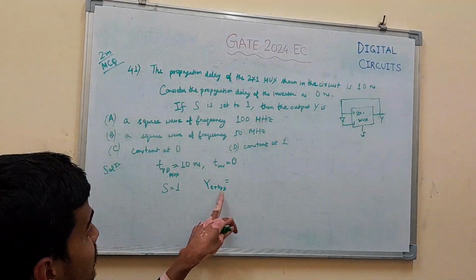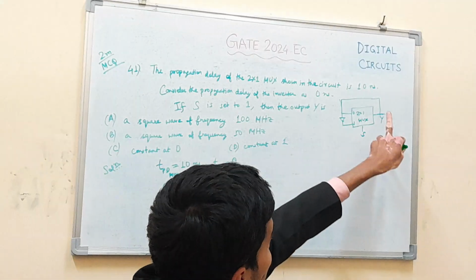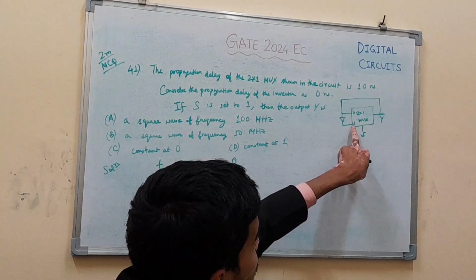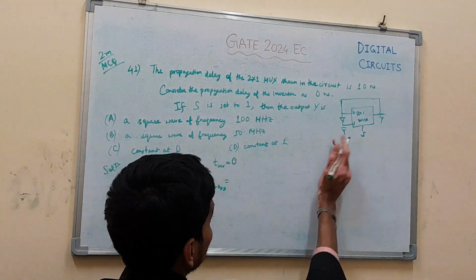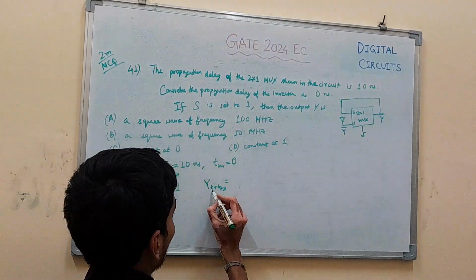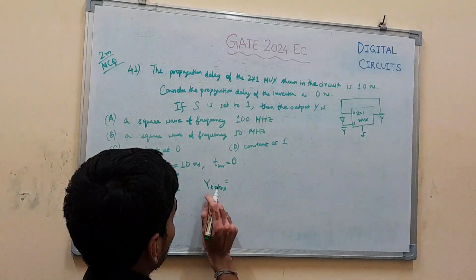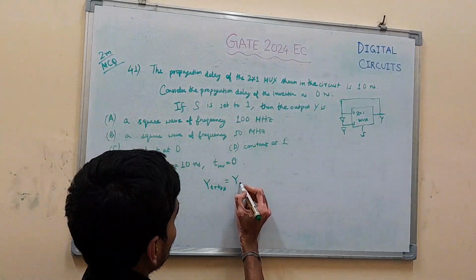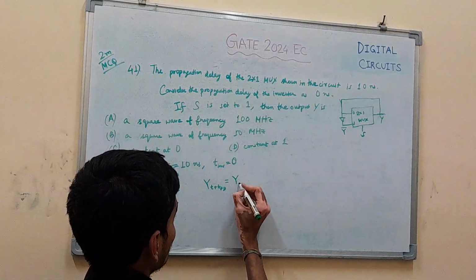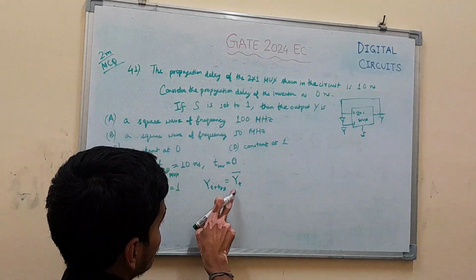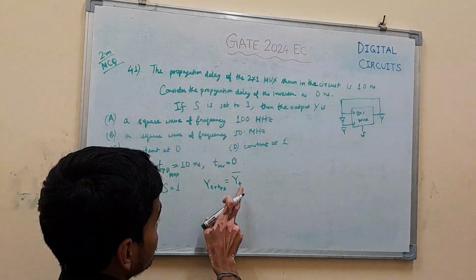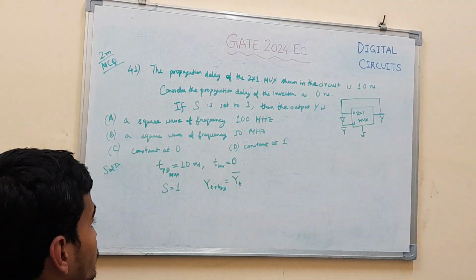After the propagation delay, Y will toggle because the input selected here is Y bar. So after the time delay, the output will toggle to the inverted value of Y at T.